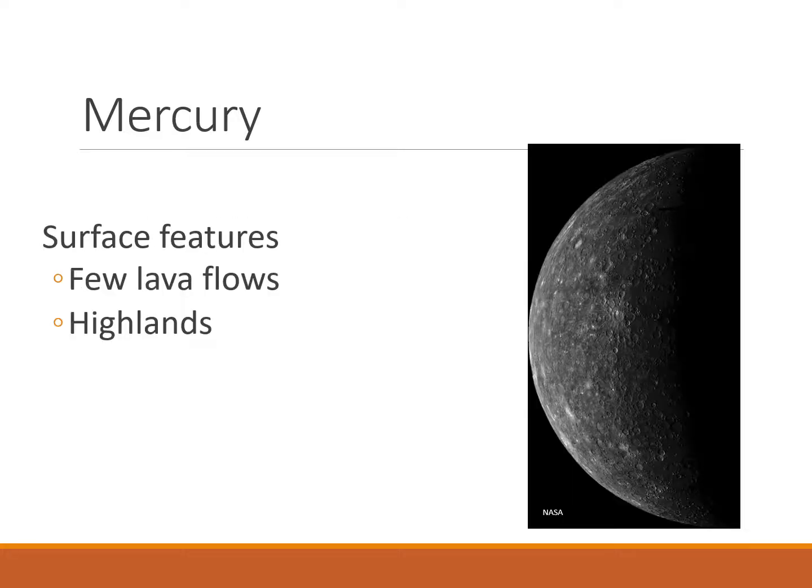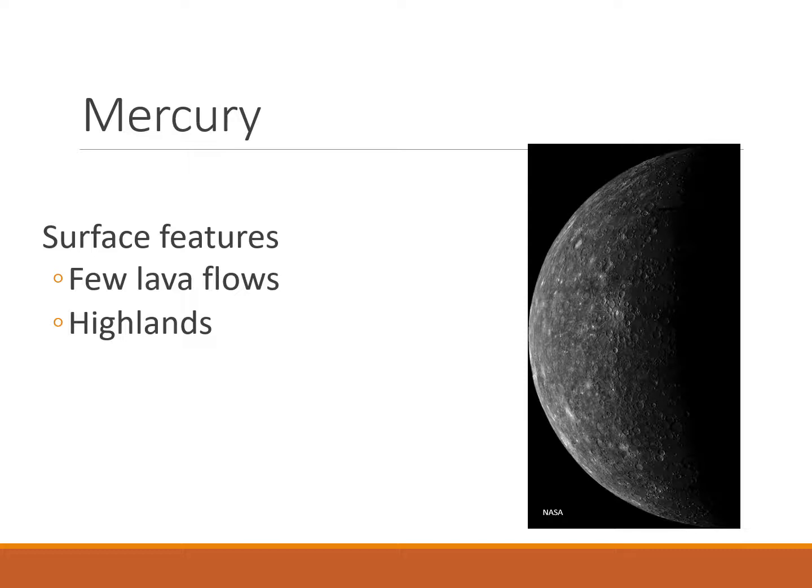Okay, there are a few lava flows on the surface of Mercury. There's mainly highlands, and this is also what we see on the other side of the moon. When we look at the other side of the moon, the dark side, let me put it this way: the other side of the moon is not dark. We call it the dark side of the moon because it's the side we don't see.